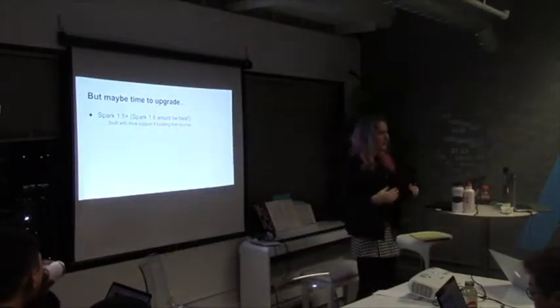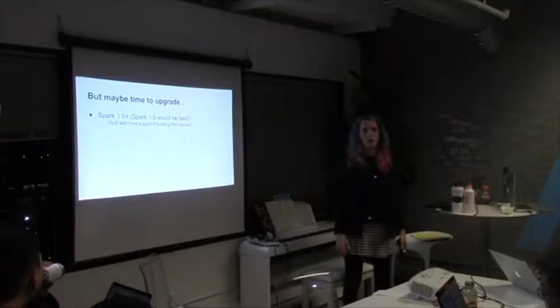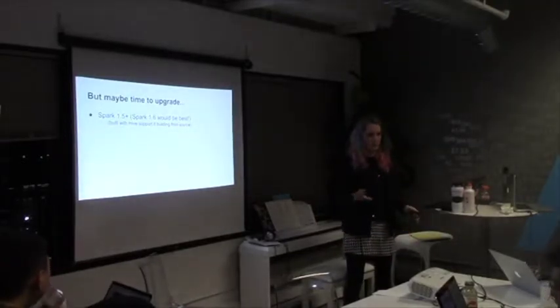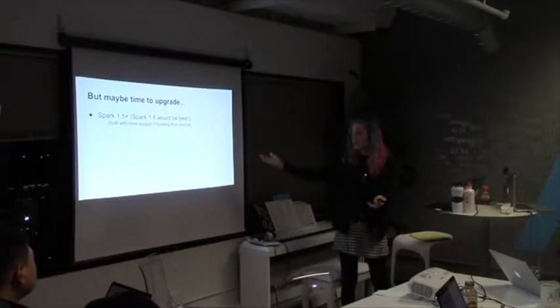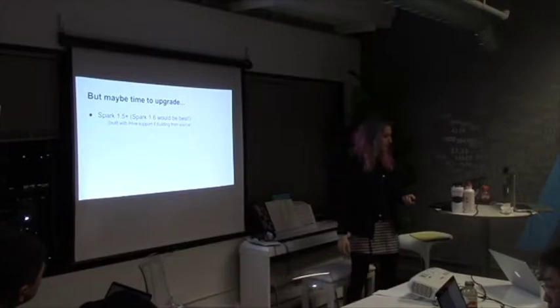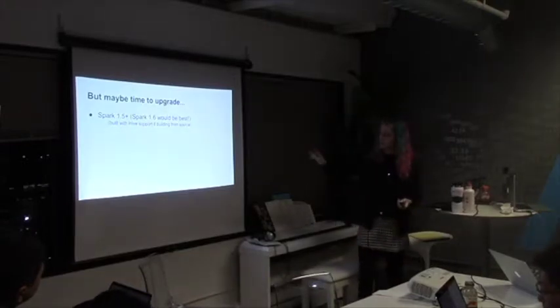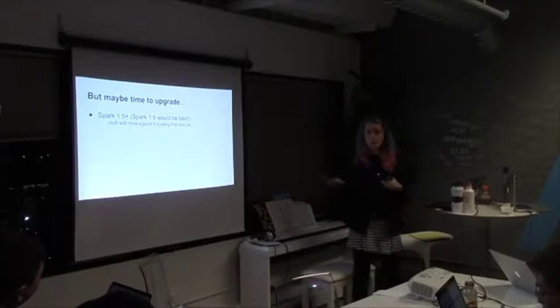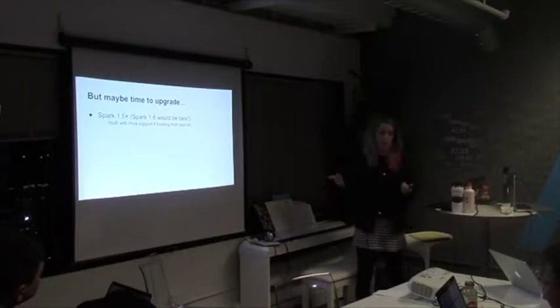Spark 1.5 will work up until a point, and we can work around it if we have to. So if you have Spark 1.5, don't freak out. But if you've got the time, installing Spark 1.6 would be really useful. Oh, and it's very important that you build with Hive support if you're working from source, but probably most of you are downloading the precompiled ones. I'd encourage you to do that because building Spark takes a long time.